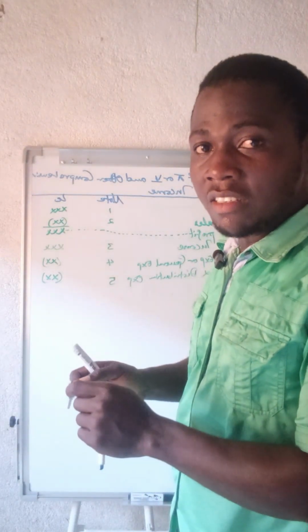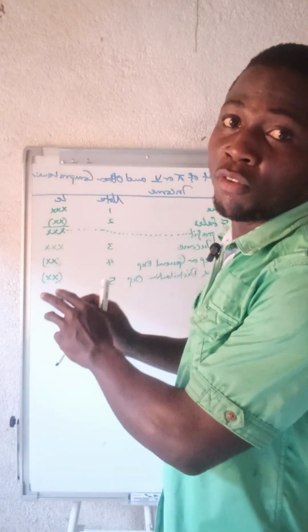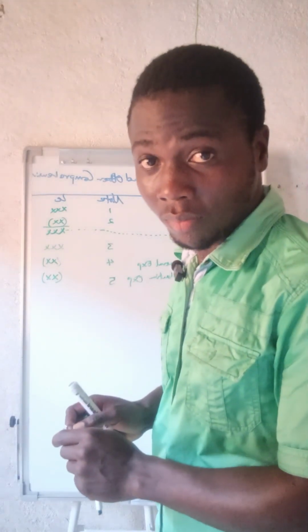And this is the legal way of presenting your statement of profit or loss. If you go through IAS 1, which is International Accounting Standard 1, it tells you how an accountant should present financial statements.